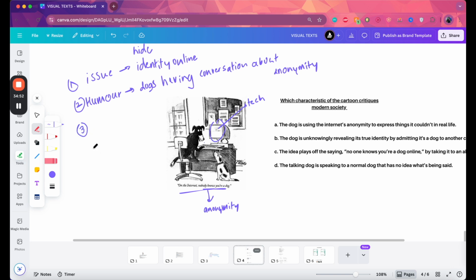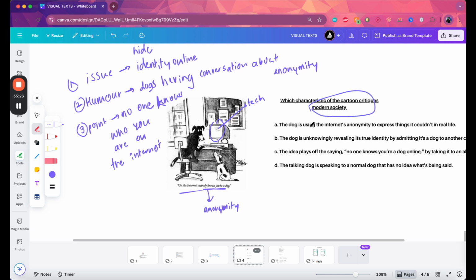And the main point of this is just maybe the author wants to highlight how you don't really know people's identities online, or how people hide identities online. So the point is that no one knows who you are on the internet. Right, so hiding identities. Okay, so the critique of modern society.